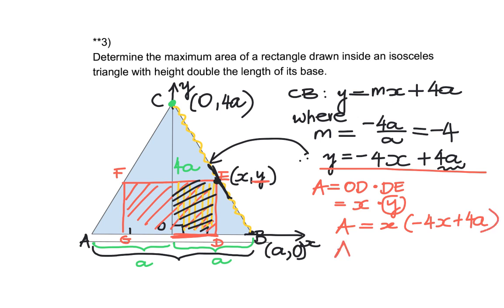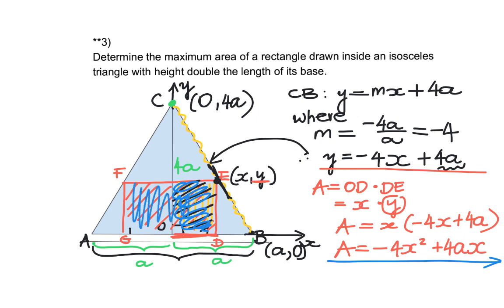So I get that my area is minus 4x squared plus 4ax. I found the area of half of my rectangle. What will be the full area of the rectangle? Well, obviously, we just need to multiply this by 2 because it's a perfectly symmetrical shape.